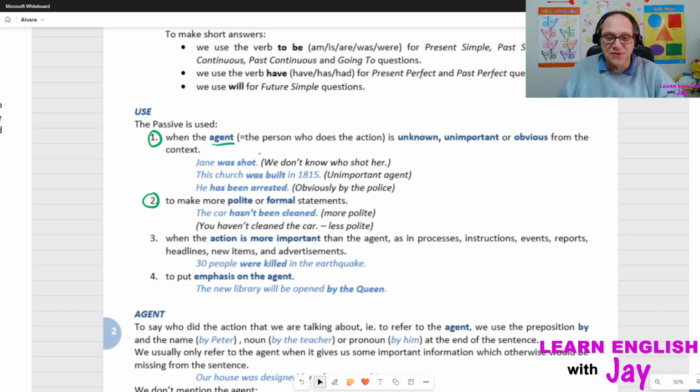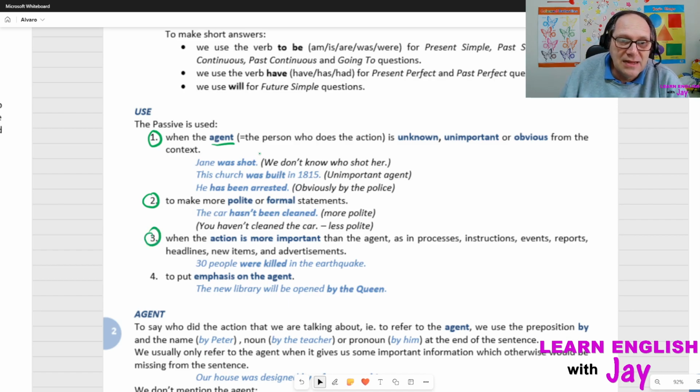If mum comes to you and she says, oh, you haven't cleaned the car, she could have just said, the car hasn't been cleaned. She's given the instruction to you. It's obvious. So she doesn't have to say the car hasn't been cleaned by you, because the instruction was for you.